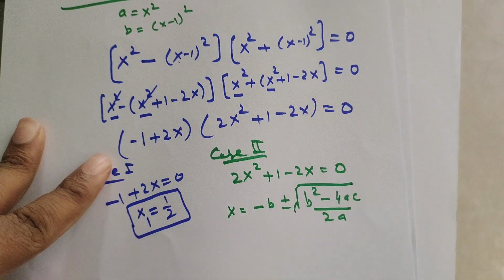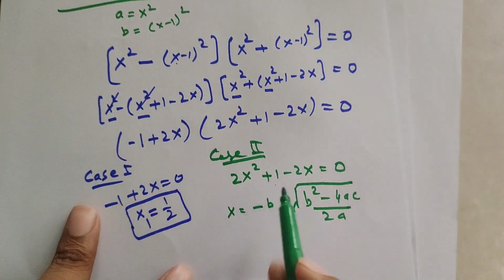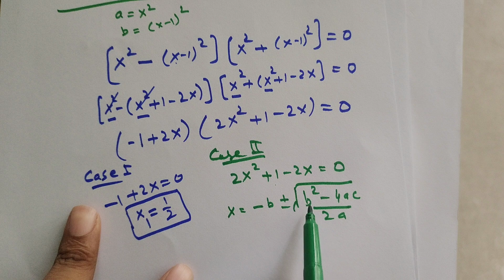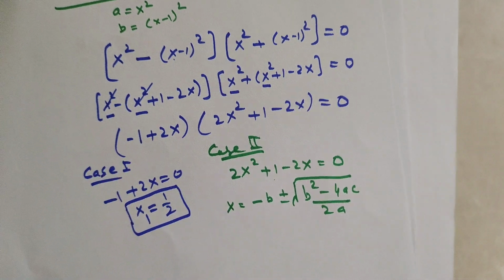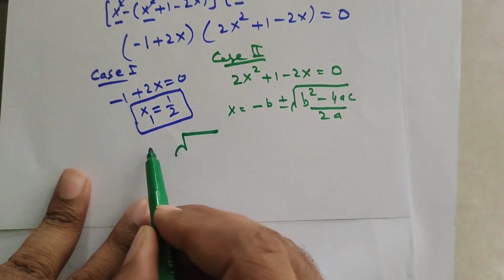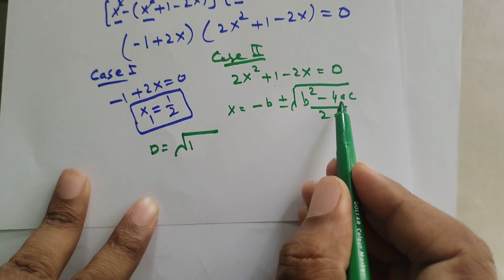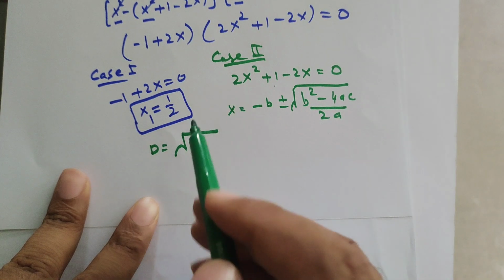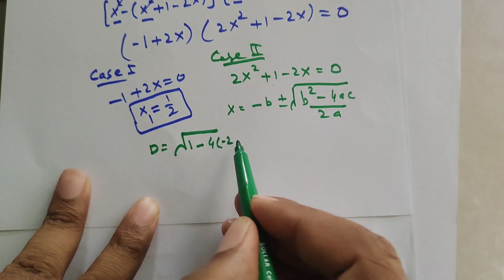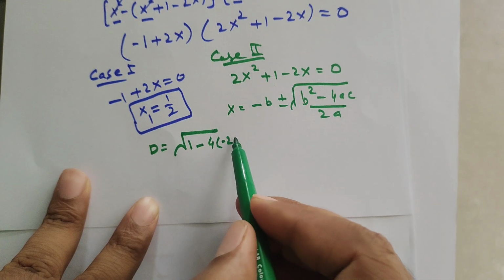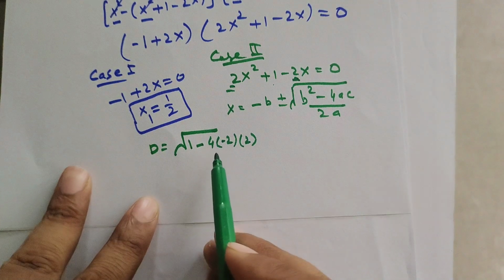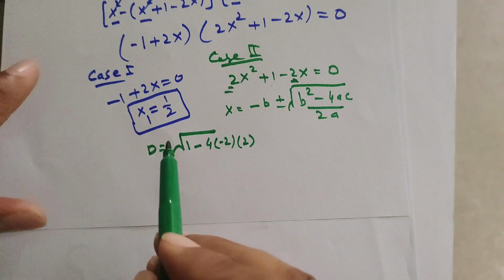Now, let us solve the discriminant, that is b square minus 4ac, where a is 2 and c is 1.